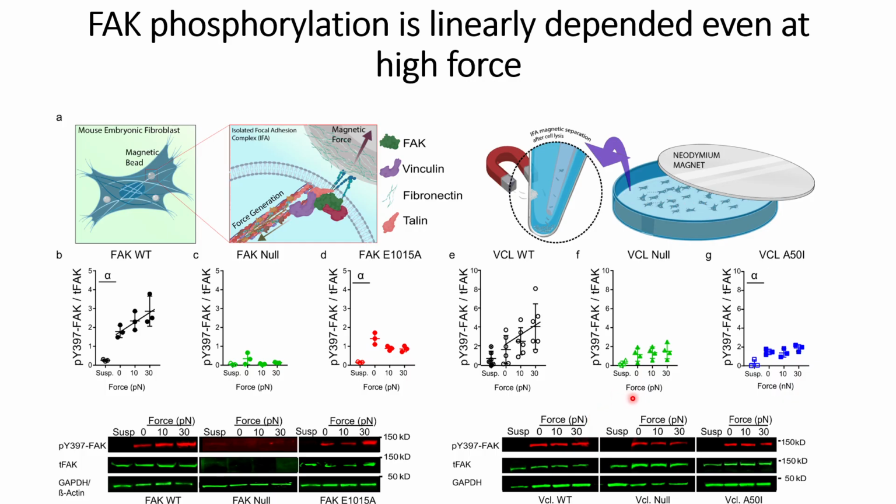And for the null Vinculin, we see some decrease in the activation of the FAK, and similar results we have seen when they used the mutant VCL, that is, the mutation at A150 with I. Here also we do not see any significant increase in the activation of the FAK, and no relationship has been established between activated FAK and the force.